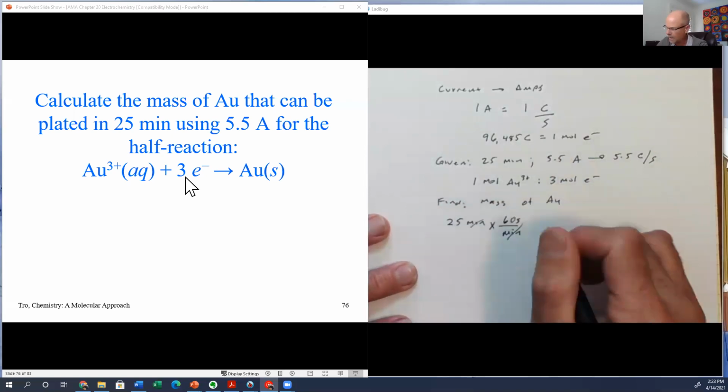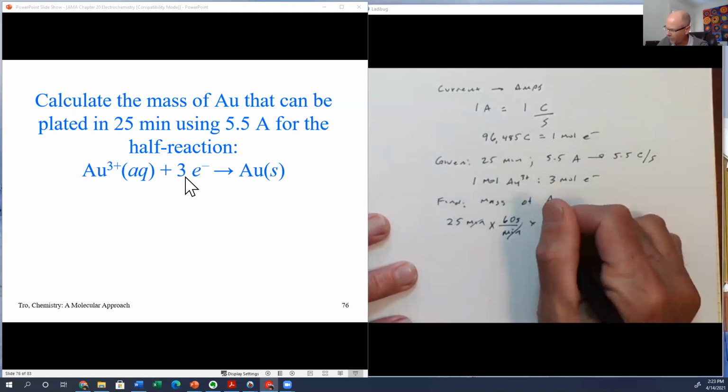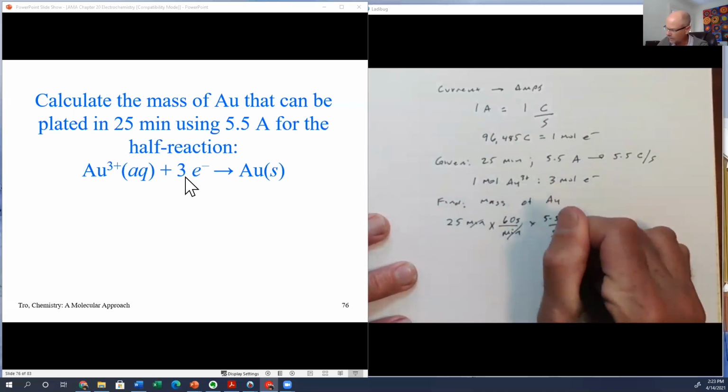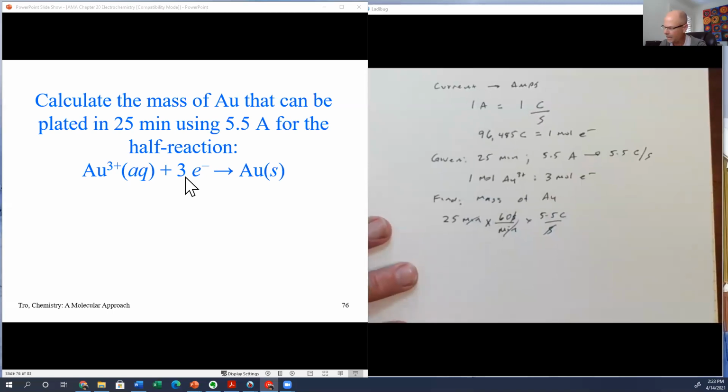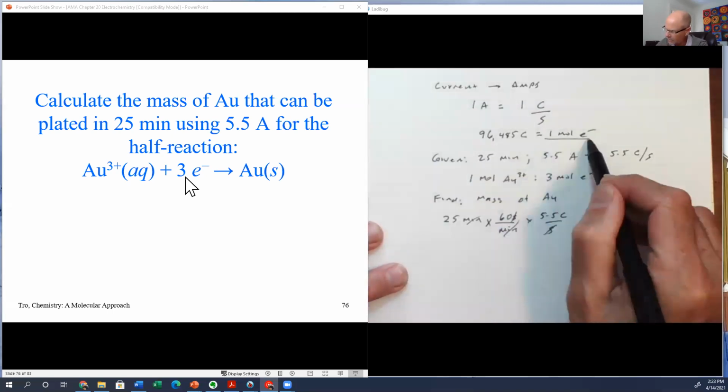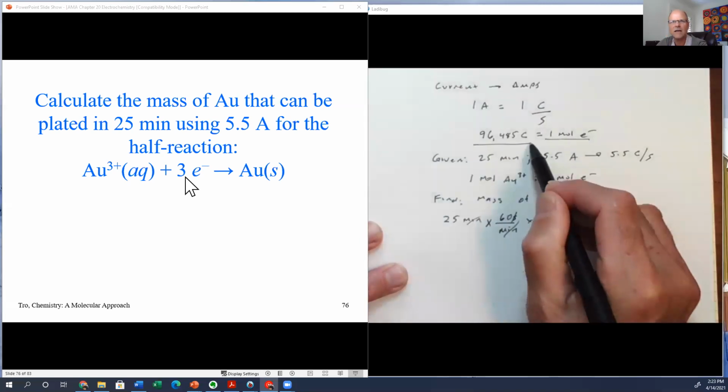That cancels, and then we multiply by 5.5 coulombs per second, the same thing as 5.5 amps. The seconds cancel, and now we need to get from coulombs, a unit of charge, to moles of electrons. We know that 1 mole of electrons has a charge of 96,485 coulombs.